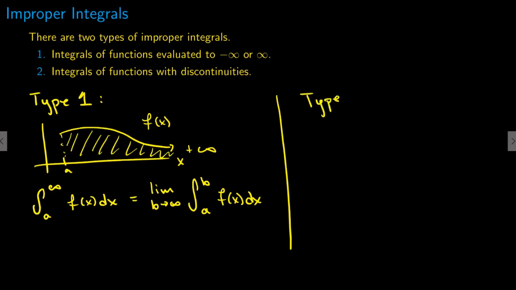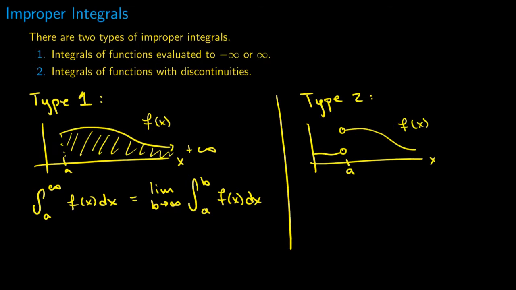For type 2 integrals, we'll do something similar, but these are going to be integrals of functions with discontinuities. And so we might have some function which looks like this, f of x, and say it may not even be defined at some value a. And I want to take the integral from this x value a out to some other x value b. So I might get some area that looks like this.